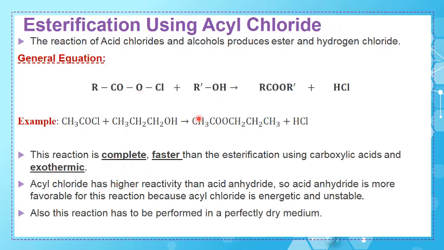And acyl chlorides are more reactive than carboxylic acids and then acid anhydrides, and this is why this reaction can also be done with acid anhydride, but acid anhydride is more favorable because in industry and in laboratory, it is easier to deal with acid anhydride, because acyl chlorides are very, very reactive.